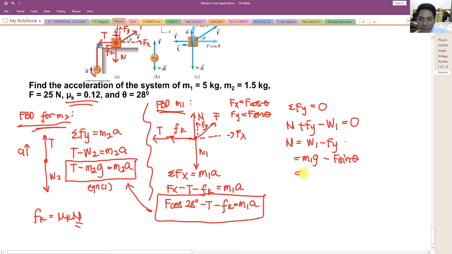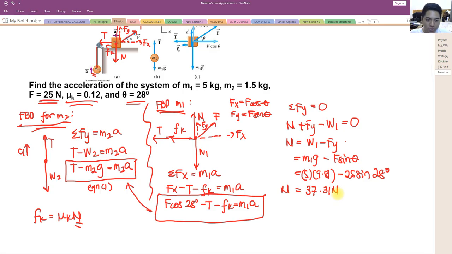So M1 is 5 times 9.81 minus the applied force 25 sine of 28 degrees. The normal force then would be 37.31 newtons.